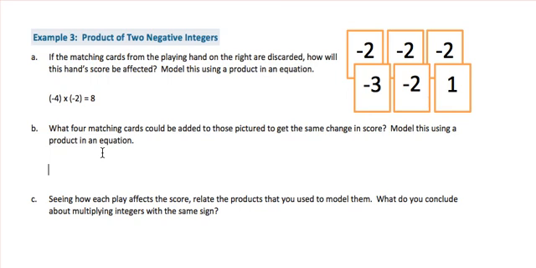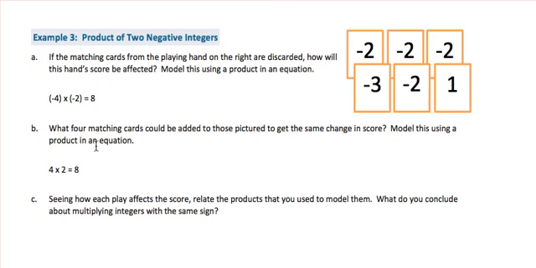The 4 matching cards that we could add to those pictured to get the same change in score would be 4 2s. So we can see that 4 times 2 equals 8, and that would have the same change in our score as discarding 4 -2s.